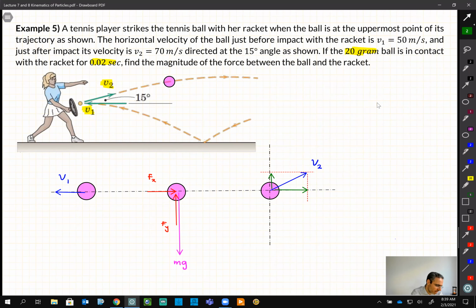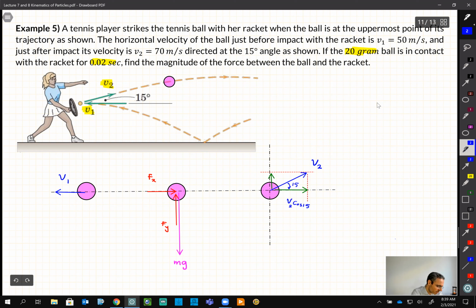This angle is 15, so it's going to be V2 cosine 15 and V2 sine 15. So if we draw this diagram correctly, we almost solve the problem. We just need to know that the middle one is not a force diagram, it's the impulse diagram.